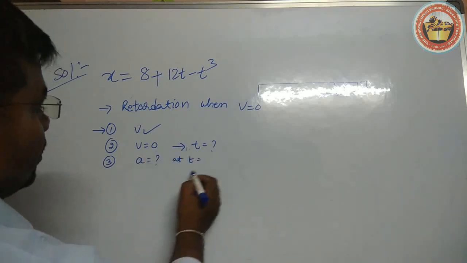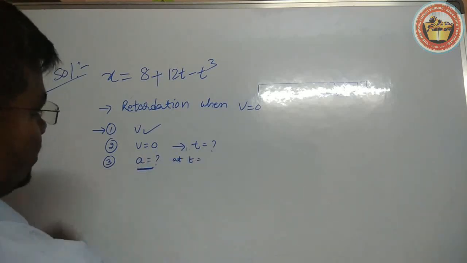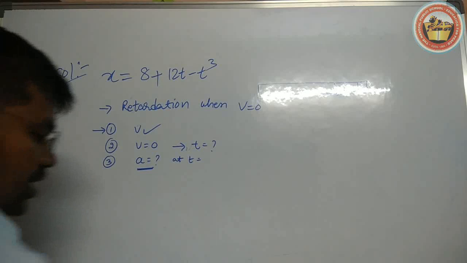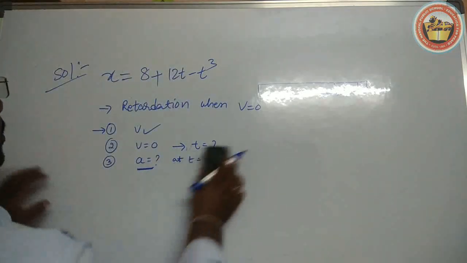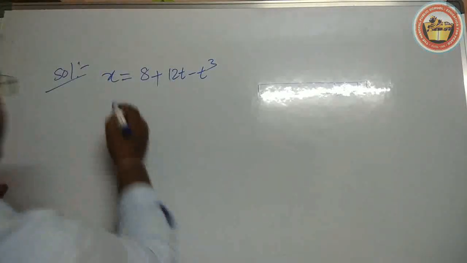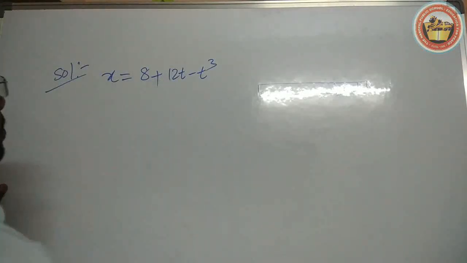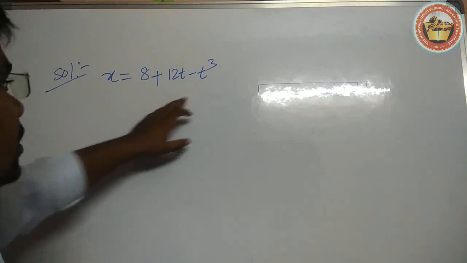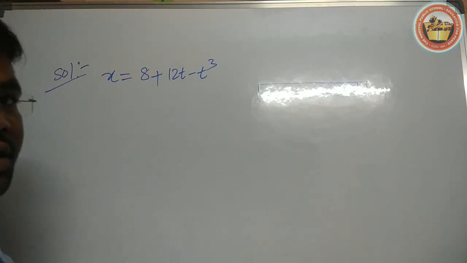This is retardation. Understand? So displacement is 8 plus 12t minus t power 3. How can we find velocity?